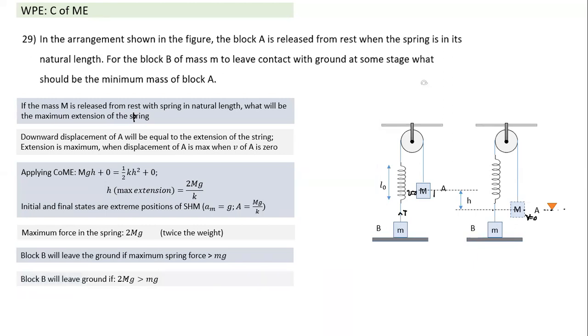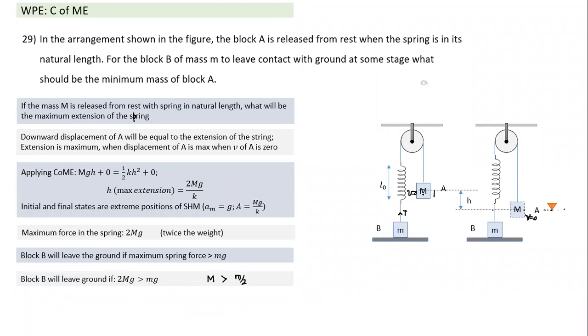This condition tells you block B will leave the ground if capital M is greater than m by 2. It means if the mass of this block is greater than half this mass, this block will leave the ground at some stage.